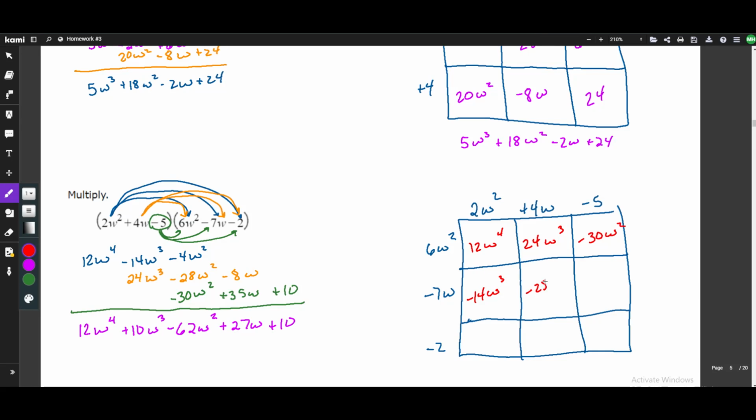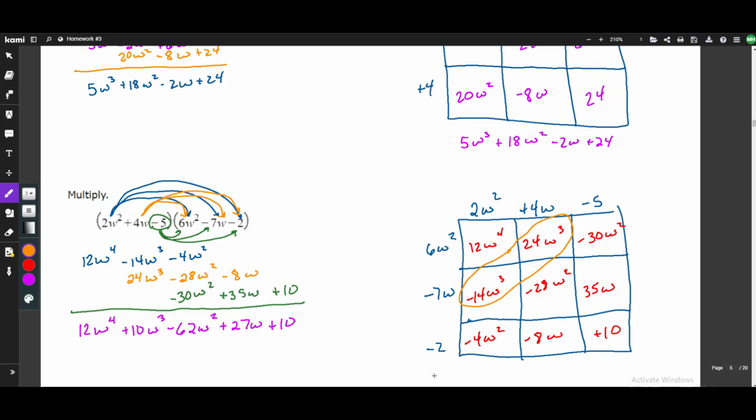Negative 28, w squared, and 35w. Last row is going to be negative 4w squared minus 8w plus 10. And when I'm combining my like terms, I'm just going to circle the ones that are like terms. So this diagonal.